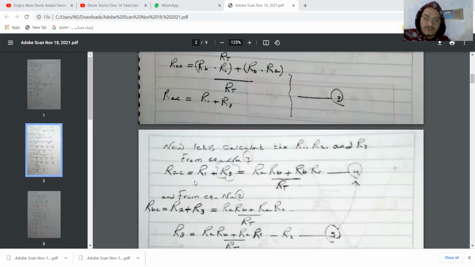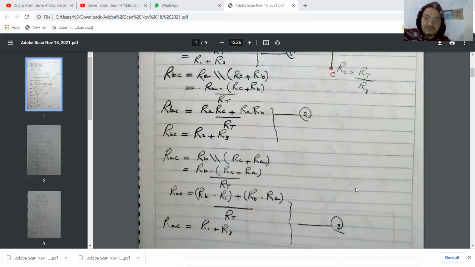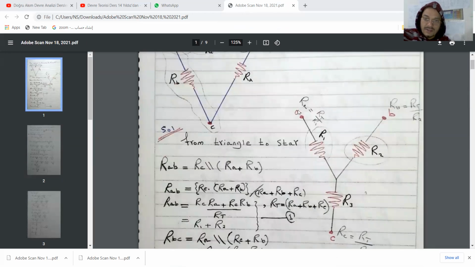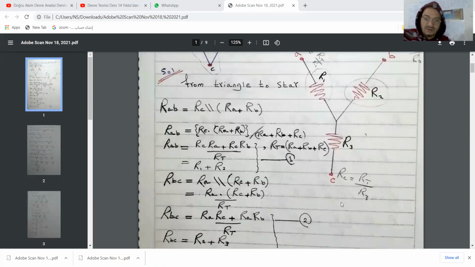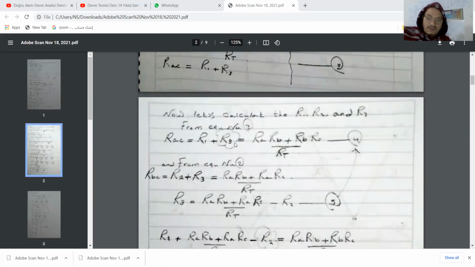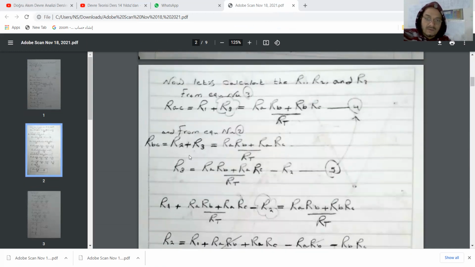RAC, like we said before, R1 plus R3. Let me show you. RAC, R1 plus R3 equals RA, RB plus RBC divided by RT. From equation number 2, RBC equals R2 plus R3, RAB plus RAC divided by RT.